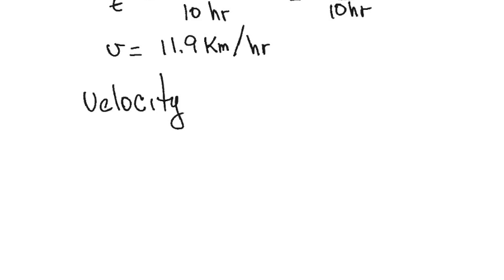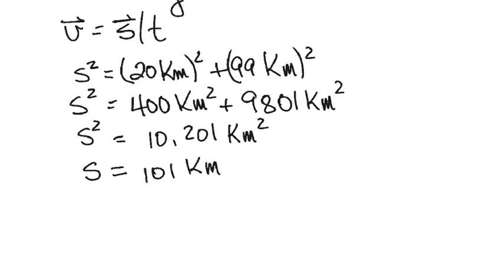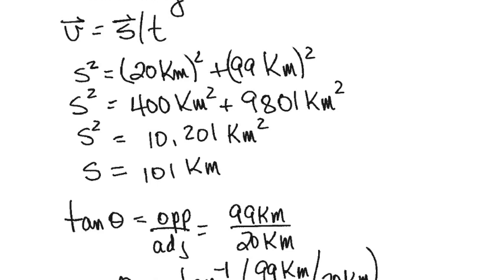Now, let's calculate the velocity of this biker. We need to find the magnitude of the displacement s, so I'm using the Pythagorean theorem because I have a right triangle. 20 kilometers squared plus 99 kilometers squared. I do the arithmetic and I find the magnitude of the displacement is 110 kilometers.